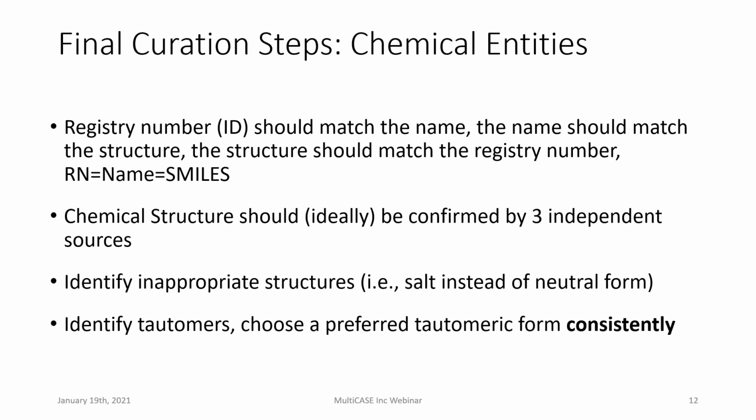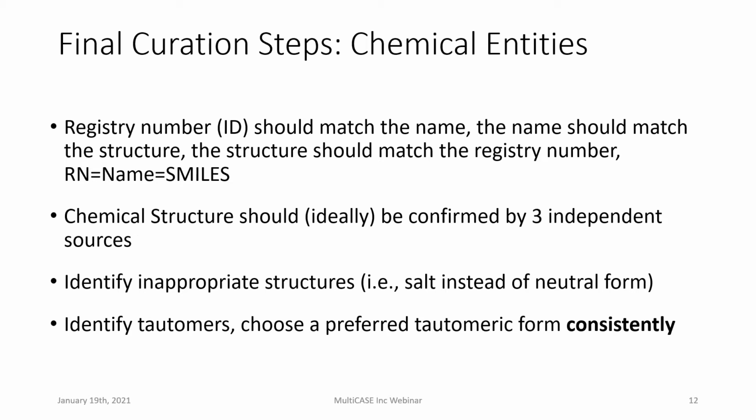So if we have everything, we still need to do some curation. We have now something which we call a chemical entity. We have some form of ID, registry number or something else, we have a name and we have a structure. The final step would be to ensure that the name corresponds to the registry number and the structure corresponds to both of them.